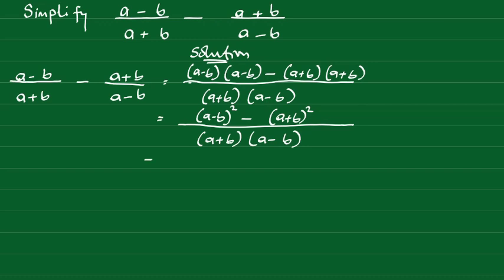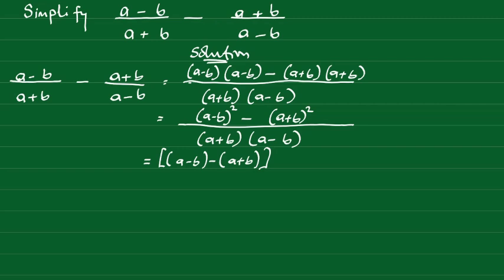Now we notice that our numerator is a difference of two squares. Hence, at our numerator we have (a minus b) squared minus (a plus b) squared. Sorry, bracket close.